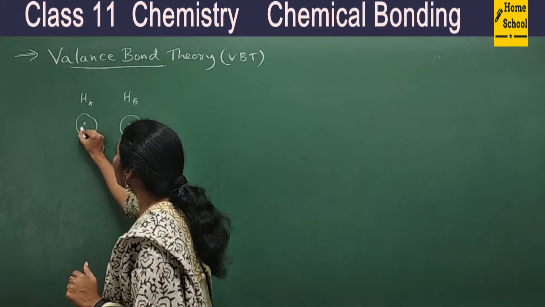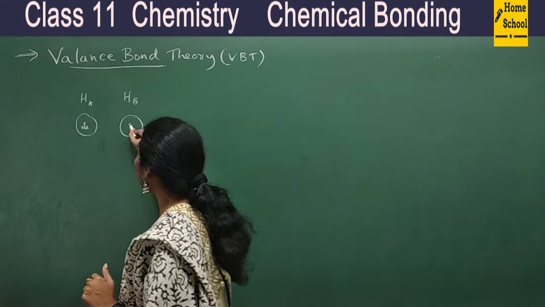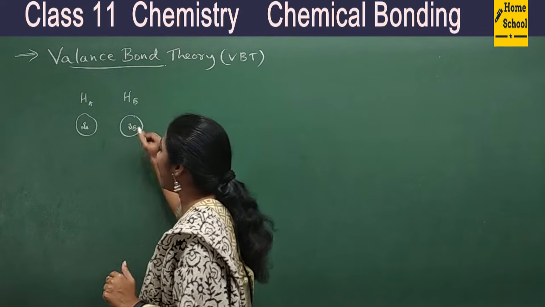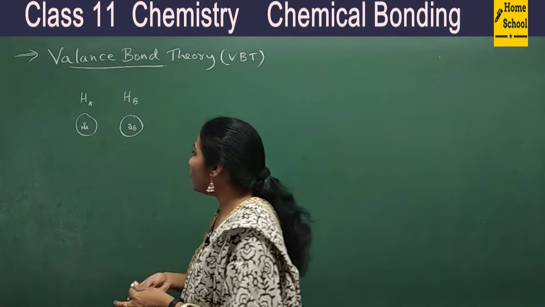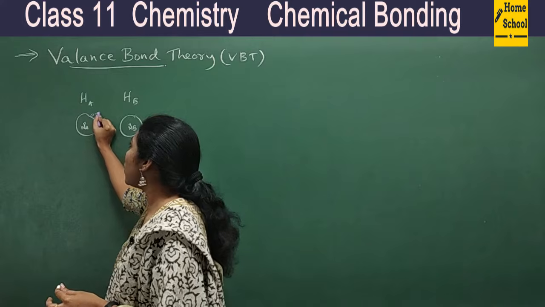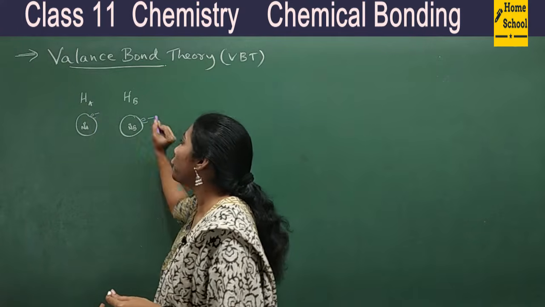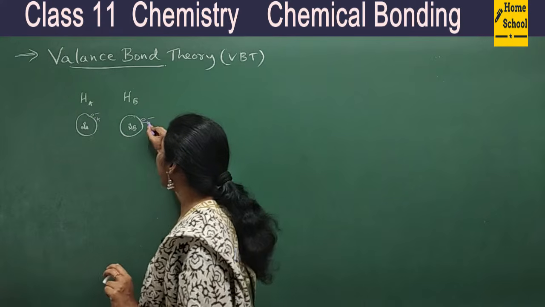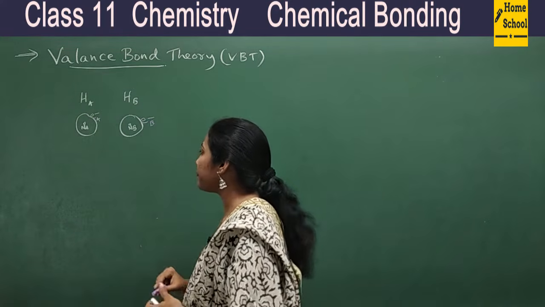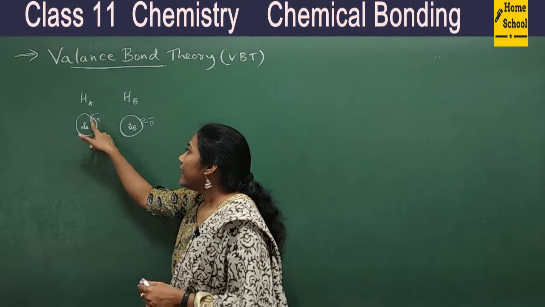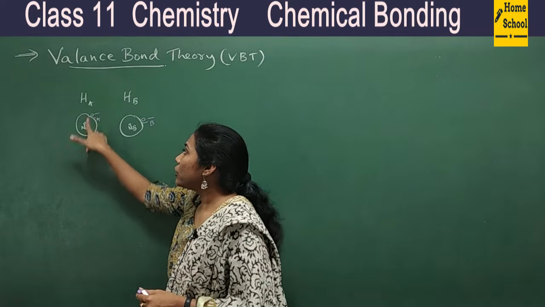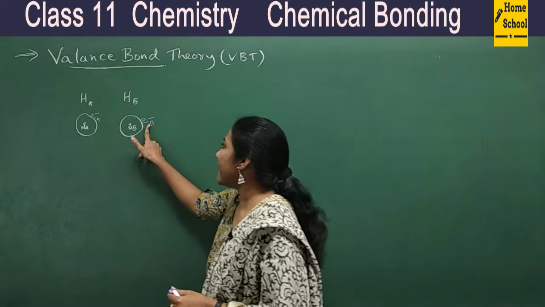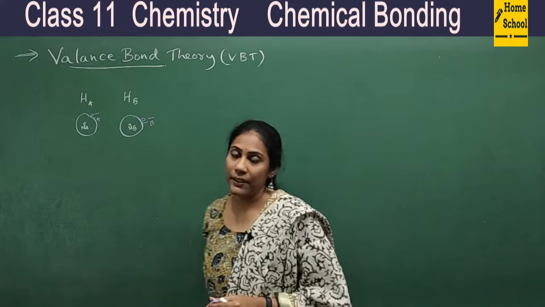And this is the nucleus of atom A and this is the nucleus of atom B. And we all very well know that there is an electron here, and here also you will observe an electron. Let me call this electron EA and this electron EB, indicating that this is the electron belonging to hydrogen atom A and this is the electron belonging to hydrogen atom B.